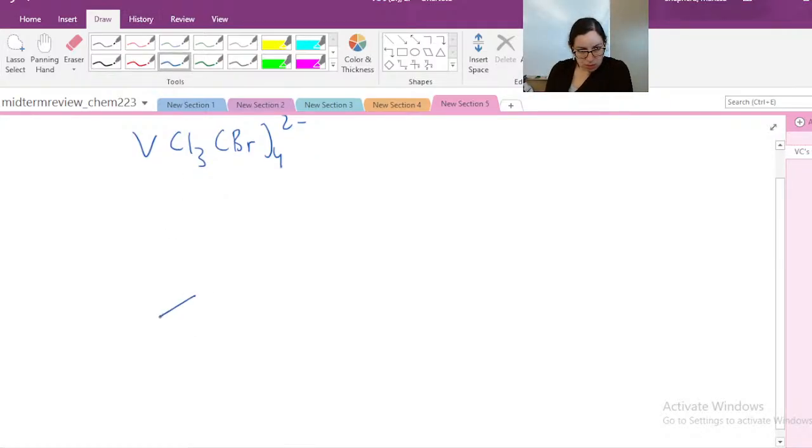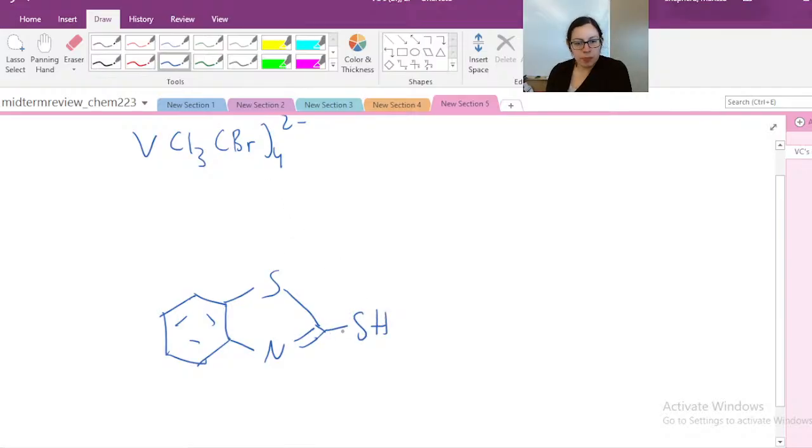And determine the oxidation state for this organic structure. And this is just one like vertex here. It's not very good at drawing. Pentagram thing. Pentagon.